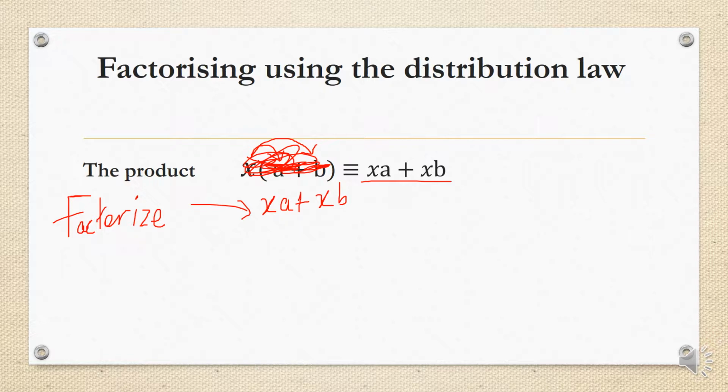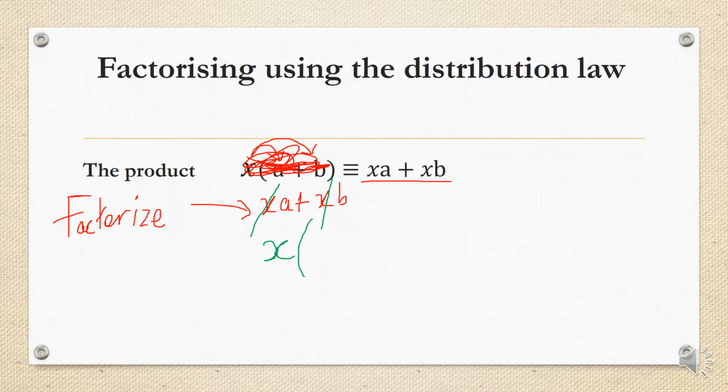I have xa plus xb. If I have to factorize this expression, I'm going to factorize out the terms that are common. I could see that we have an x that's common and an x that's common. So I'm going to put what's common on the outside, and then in brackets I am going to put what remains.